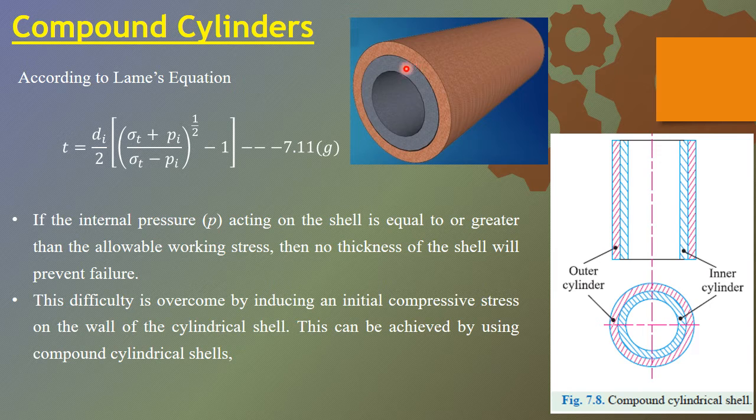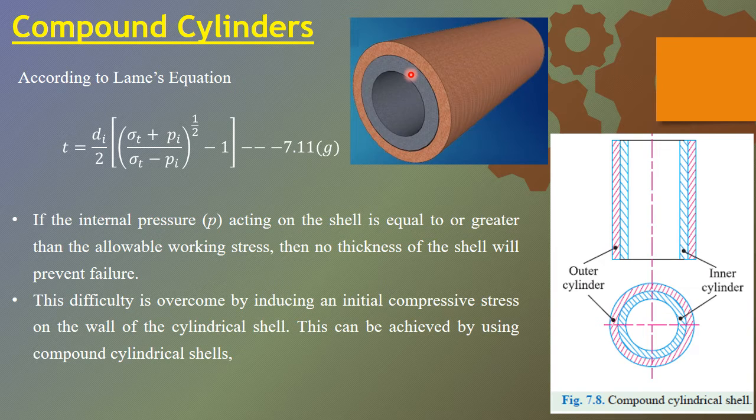You can understand this: when there is an inner cylinder and we are fitting an outer cylinder with a very tight fit, then at that junction pressures will be generated. These pressures will induce compression, that is, compressive stresses will be induced in the inner cylinder. This is the direction of the compressive stresses.